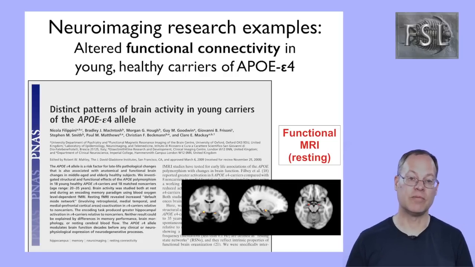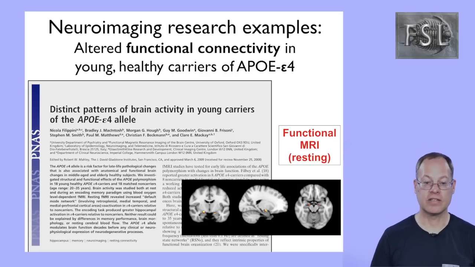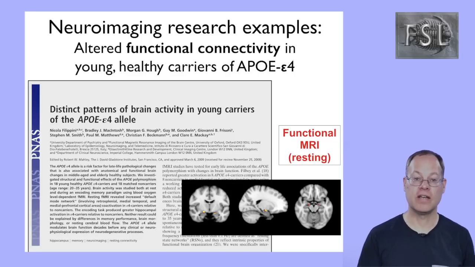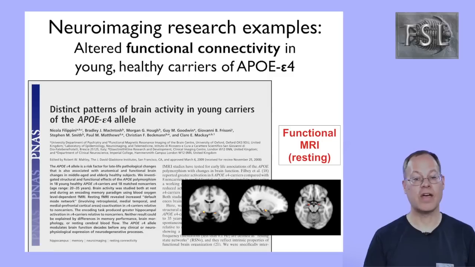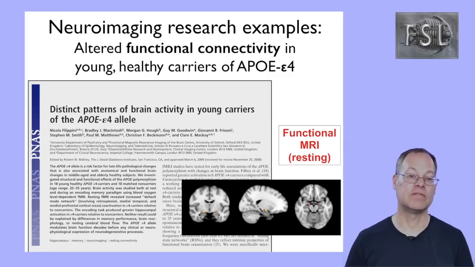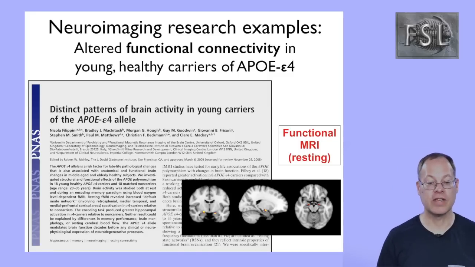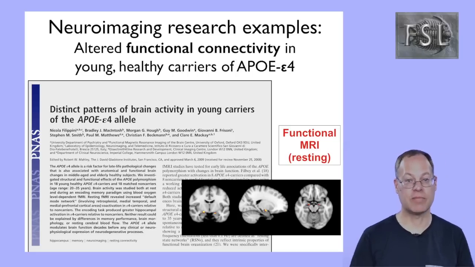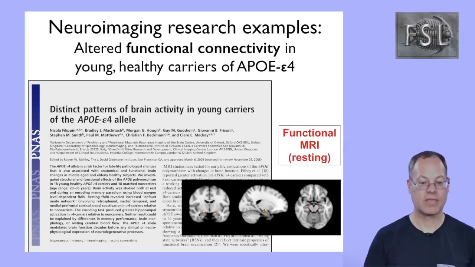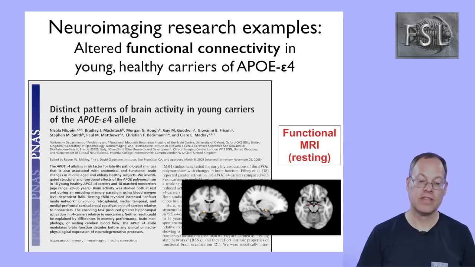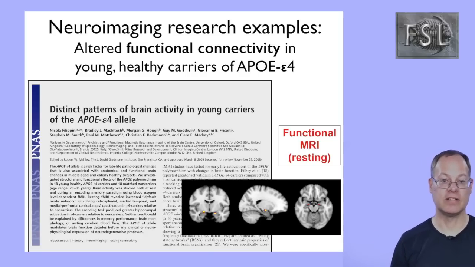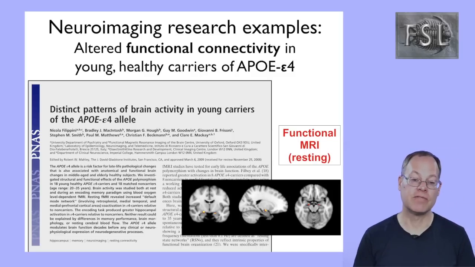In this particular example, we were looking at how things had changed in a group situation between young, healthy adults with or without a particular genetic risk factor. So all the individuals were healthy, they just happened to have a particular gene, ApoE4, and when they had the gene, then there was actually an area which was coming up as differently connected as to the group that didn't have the gene.